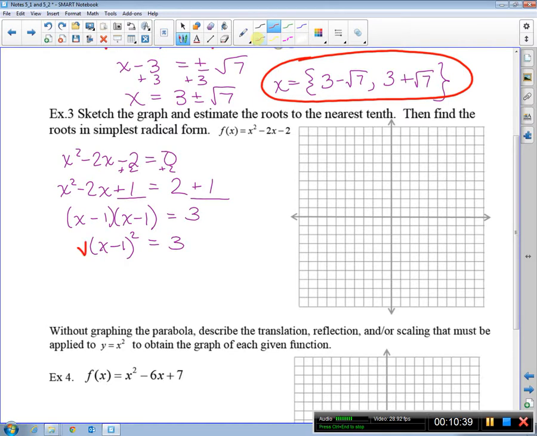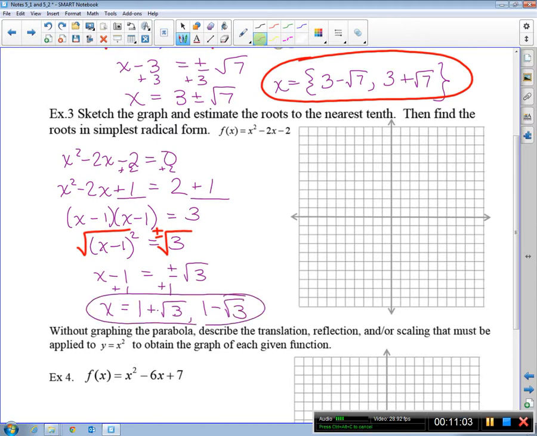Square root both sides, plus and minus. No smiley faces this time. And solve for x. So we have x equals 1 plus radical 3, and x equals 1 minus the square root of 3. Okay, so I've got a decent x and y axis already on here.